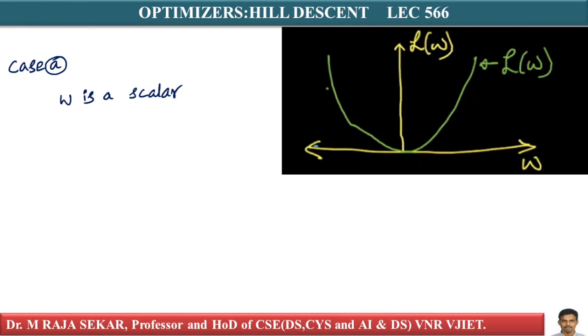Imagine, let's assume W is a scalar, just for simplicity. This is the first case.